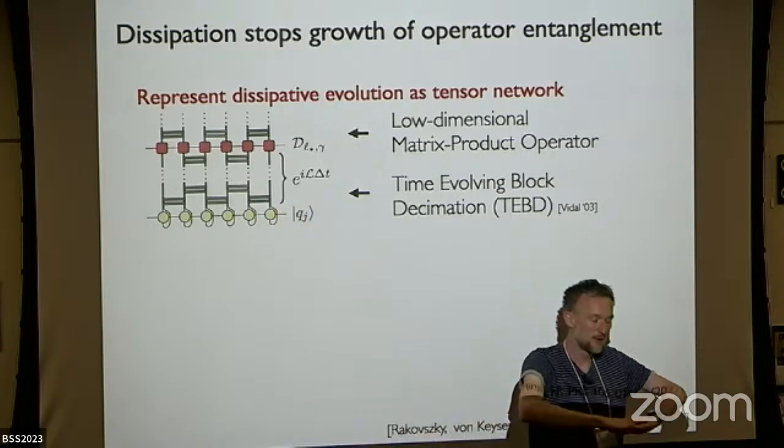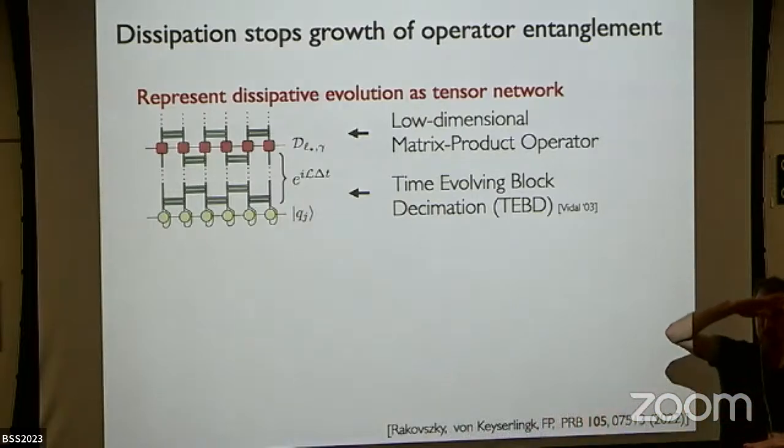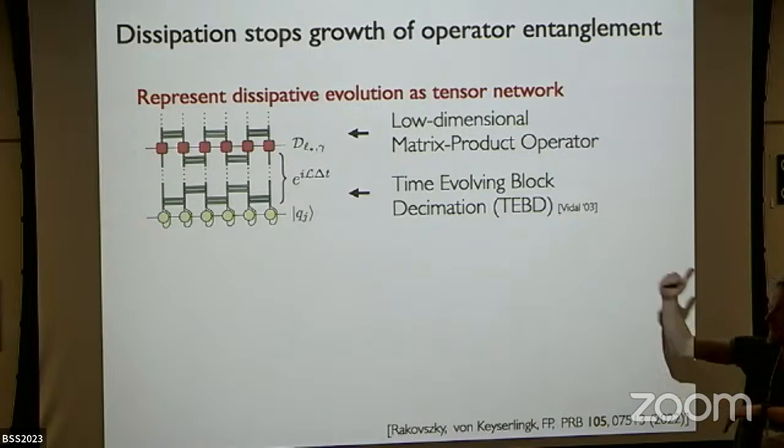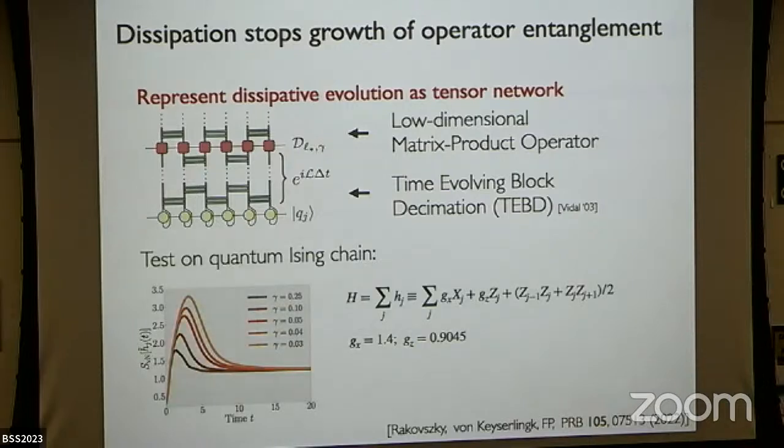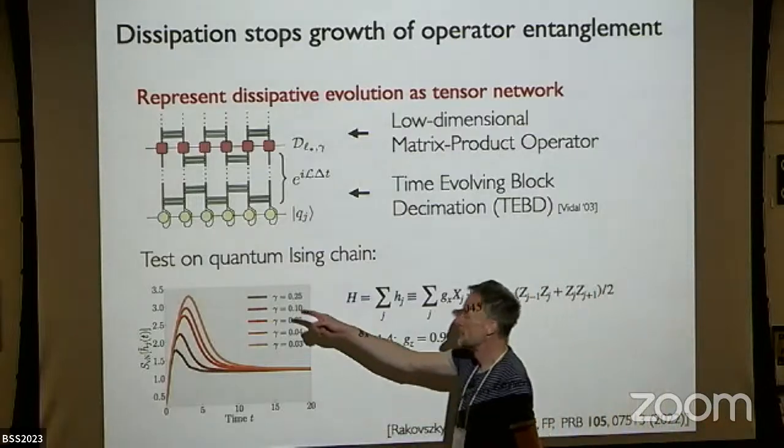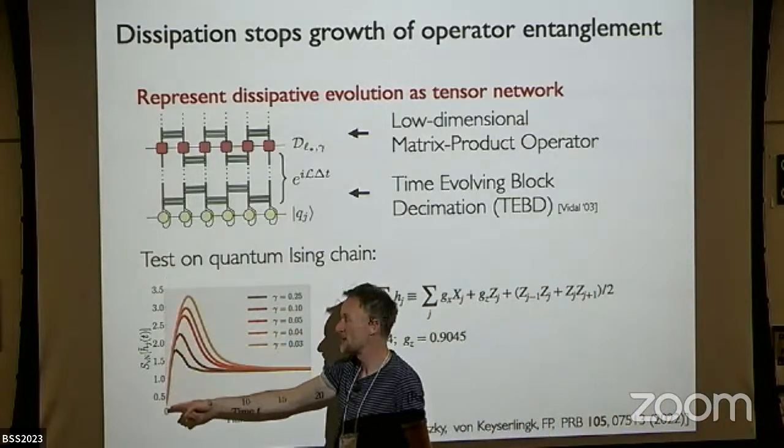Instead of having the pure unitary time evolution, every now and then we're doing this dissipation to kill off complicated operators. And if we now do this evolution and look at the operator entanglement, which is the measure of how difficult the simulations are, right?